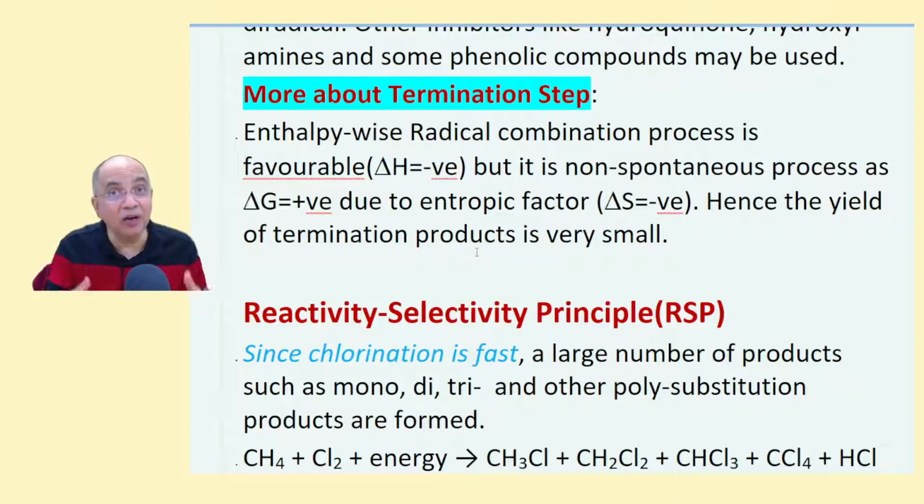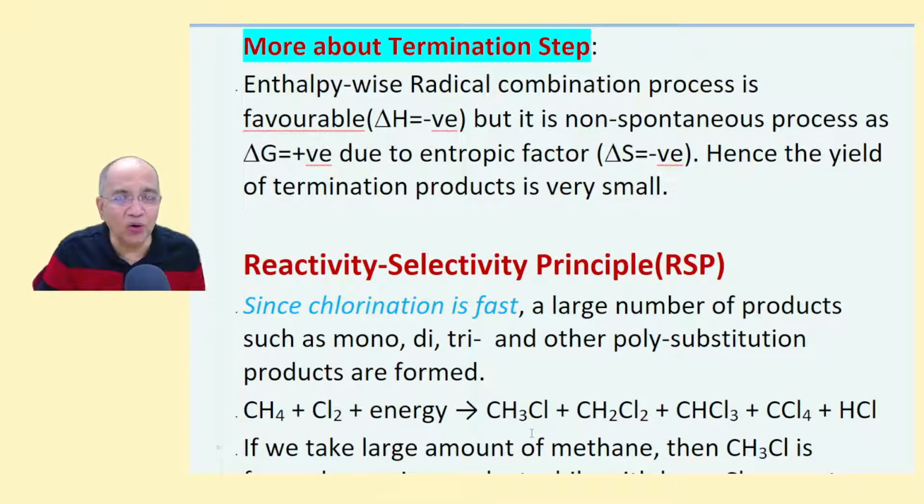The second part will be very interesting. No, don't go away. You finish this. This is the Reactivity-Selectivity Principle, RSP. I used to funnily call it the Rourkela Steel Plant. If you are an Indian, Rourkela is one of the famous steel plants controlled by SAIL, Steel Authority of India.